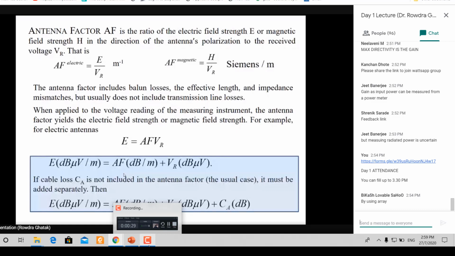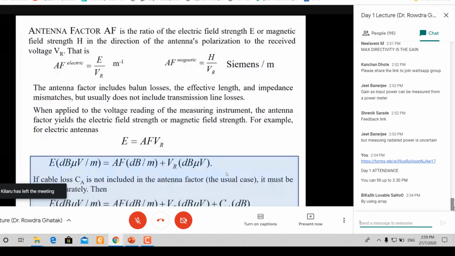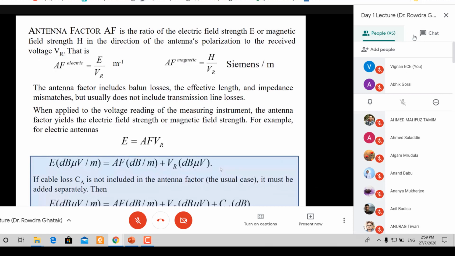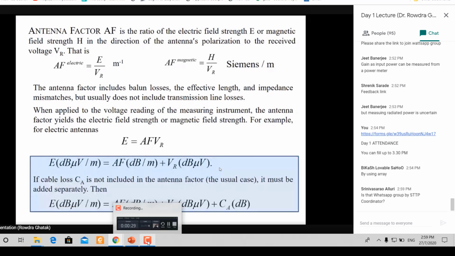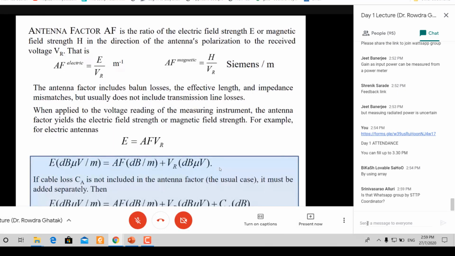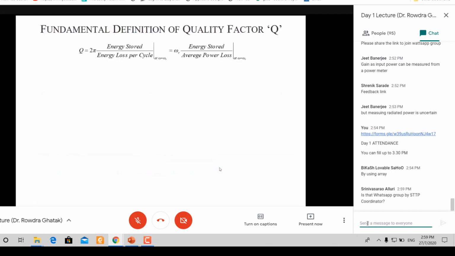In log scale it will be dB microvolt, and obviously the information can give you the electric field strength in dB microvolt per meter. So these are typically two important pieces of information required when you make antennas as sensors, sensing electric field and magnetic field, in many applications.